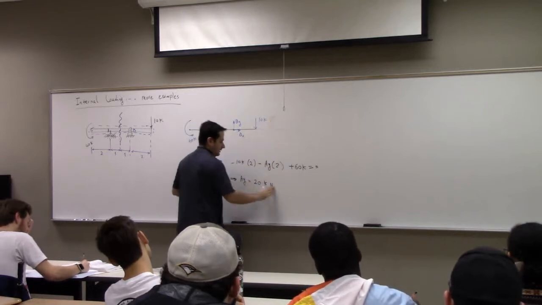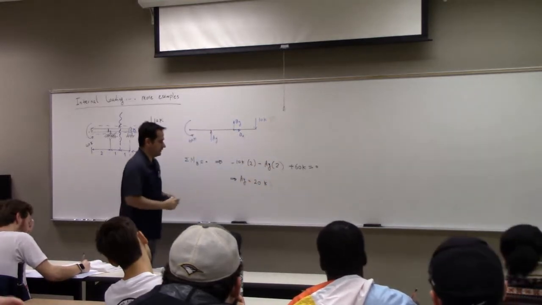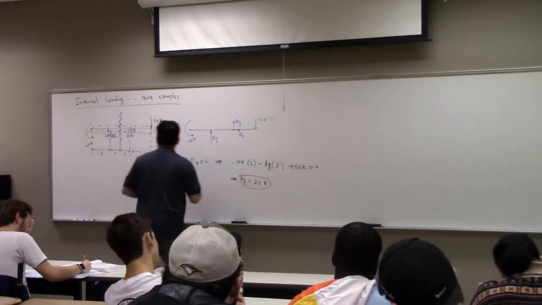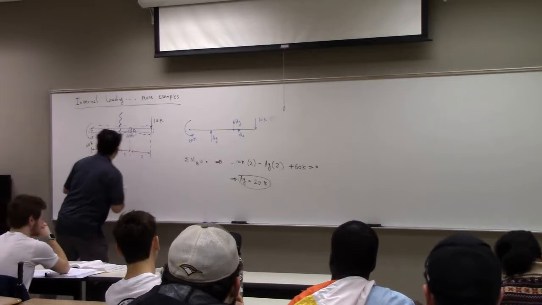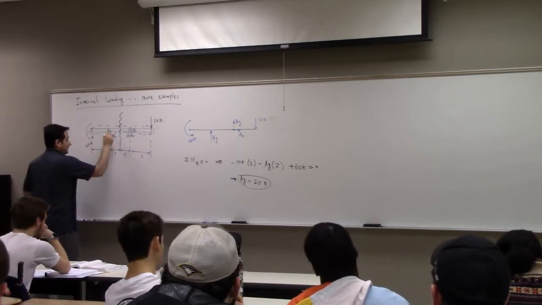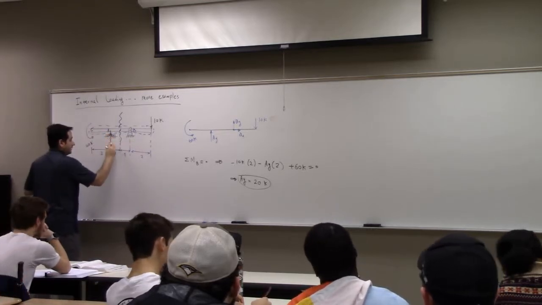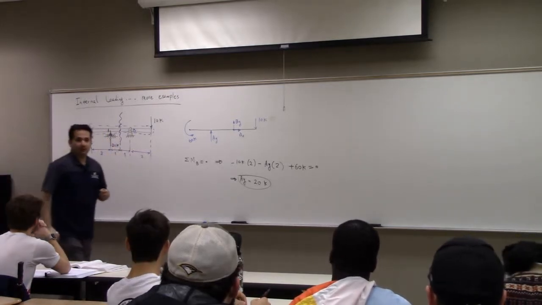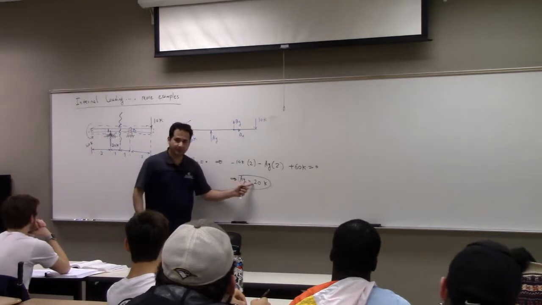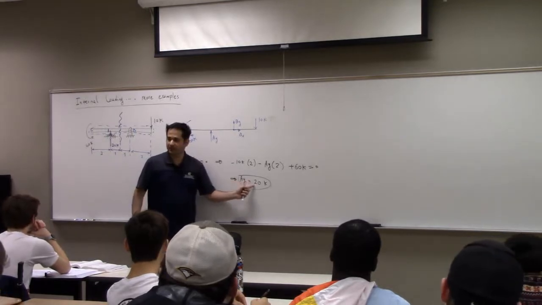If this is pound, it becomes pound, right? So that's your Ay. So in fact, in the original case, I have an Ay this way, 20K.